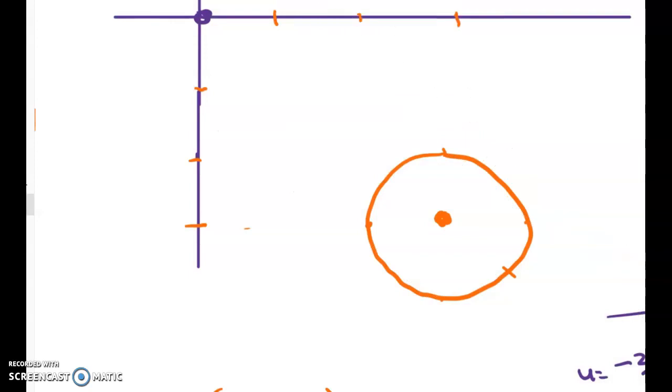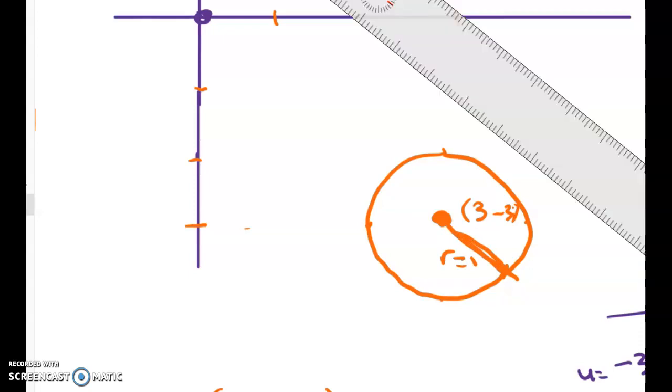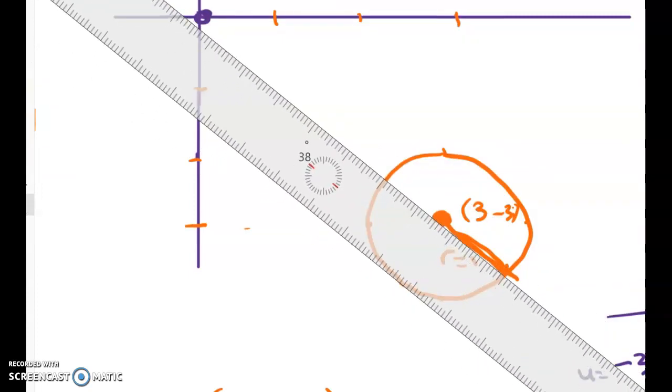So we don't need to find the coordinates of that point. This point here is the point 3 minus 3i. And this point out here is somewhere, but we know that the radius is equal to 1. So all I've got to do is find the distance from the origin to the center of the circle, and then add on 1.